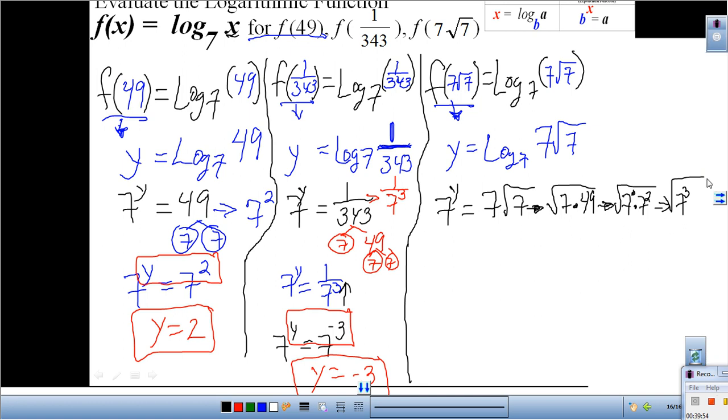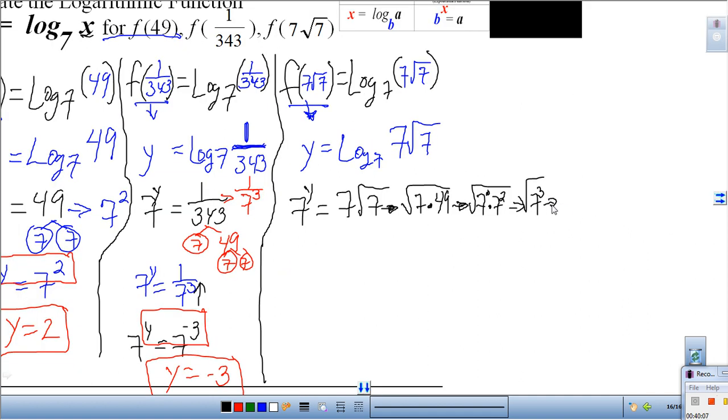Let's see. Get my eraser. This one can be rewritten as 7 to the third power, and all that to the square root is what kind of power? 1/2. So this is 7 to the 3/2.